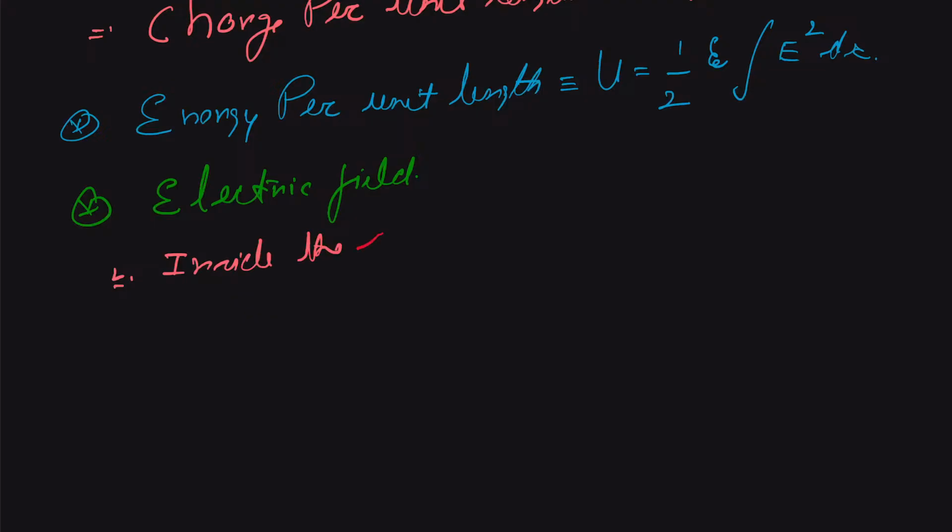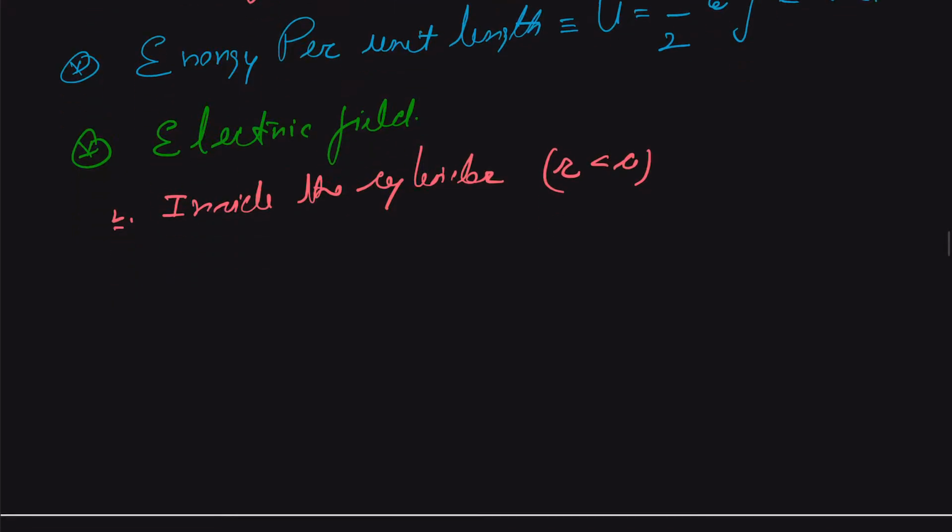For inside the cylinder we have any radius r which is less than a, because the cylinder is given as having radius a, and we can easily use Gauss law. So charge upon epsilon naught gives us rho r upon 2 epsilon naught.